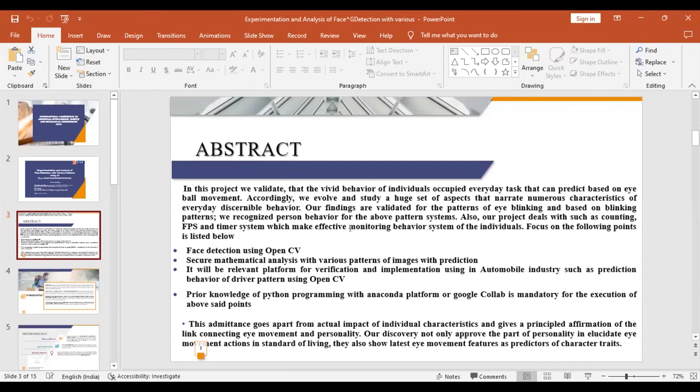But there is a big problem in finding face drowsiness. So we check the accuracy through the driver's eye movement, the eyeball movement, to see whether he is tired or not.